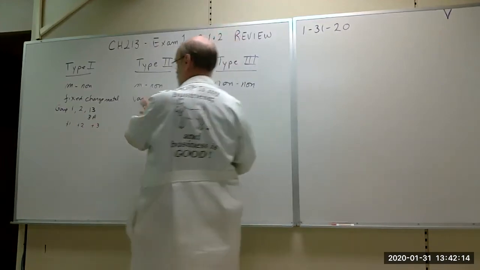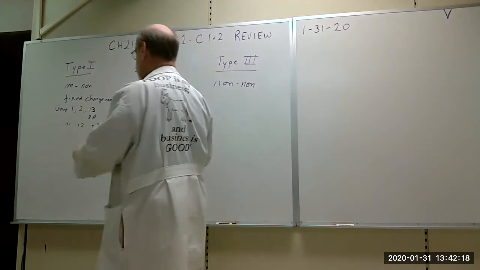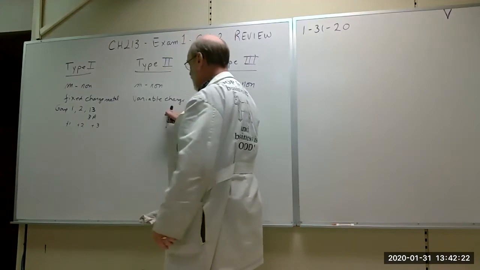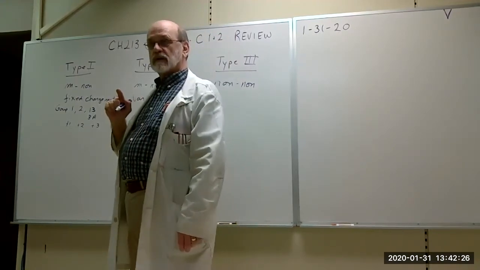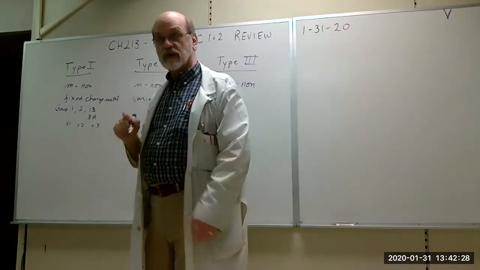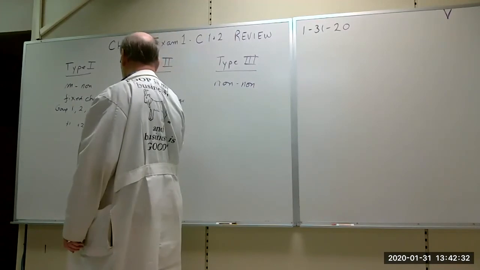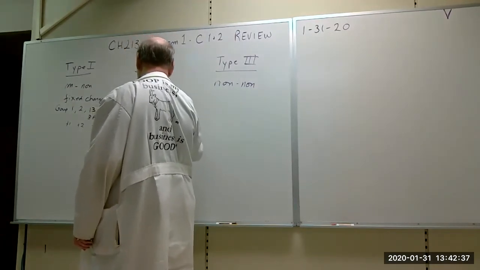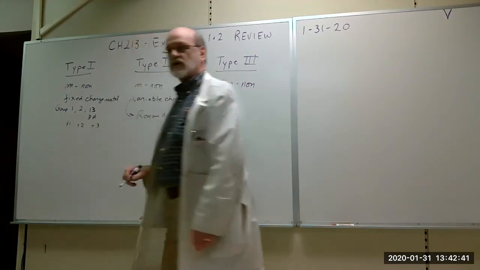Okay, so the difference in metal charge differentiates between type 1 and type 2. So for the variable charge, we need a naming convention to be unambiguous about the charge when we name it. So you name it with Roman numerals. That designates the variable charge.